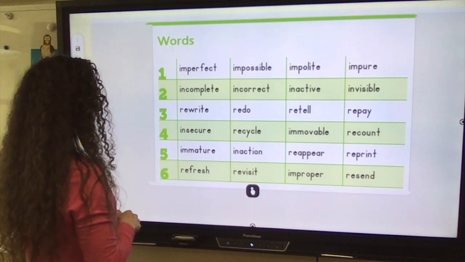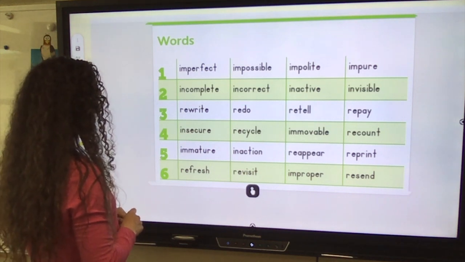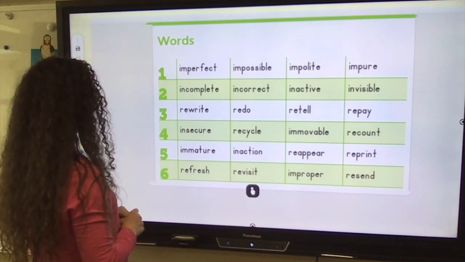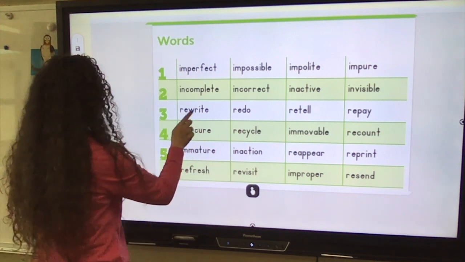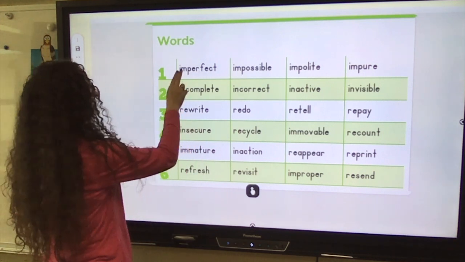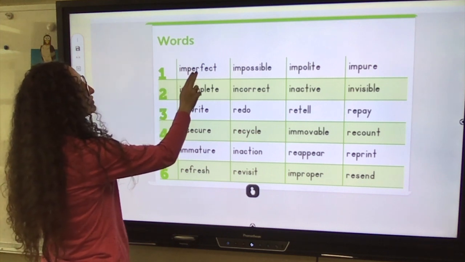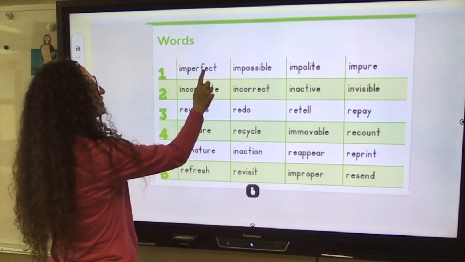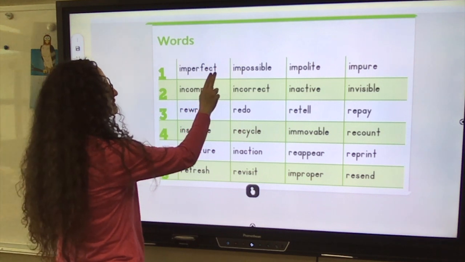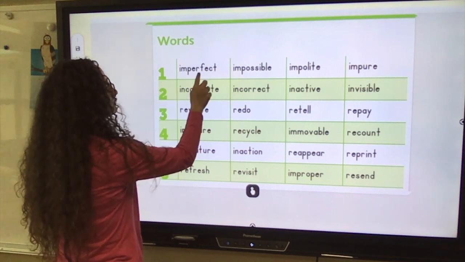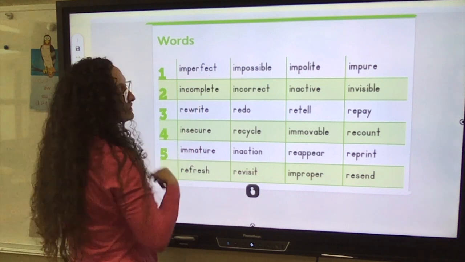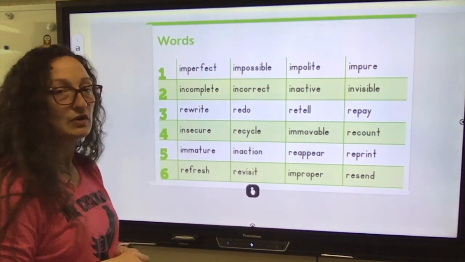Let's see. Let's go up. This one right here. Imperfect. Something's imperfect, it's not perfect.